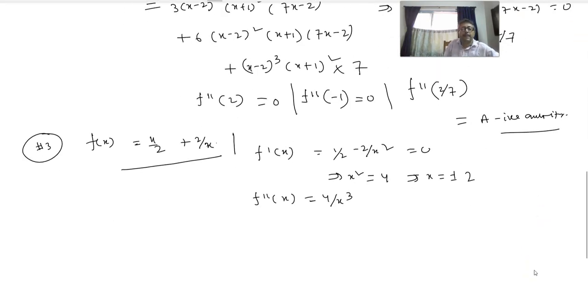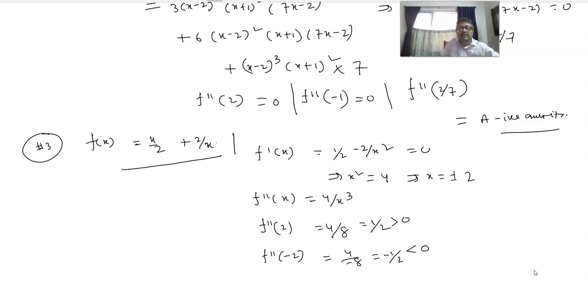Okay. So f double dash 2, this thing going to be 4 by 8, positive. F double dash minus 2, this is less than 0.